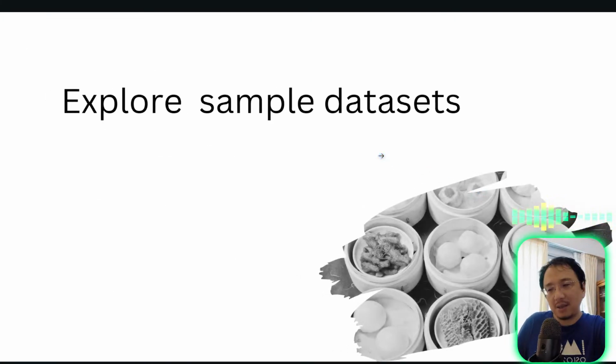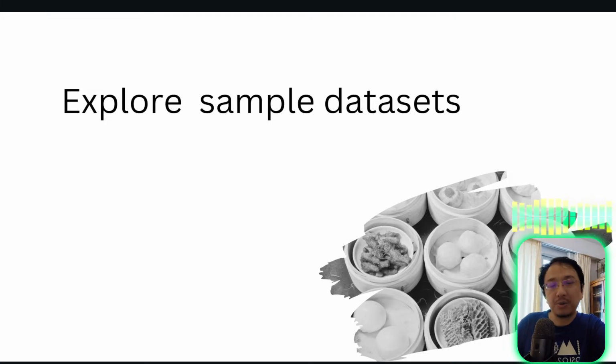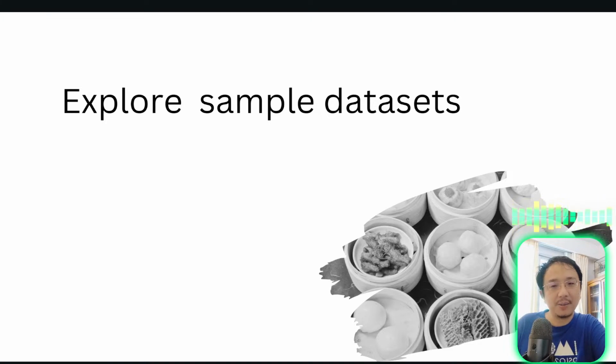Another thing is Scikit-learn has an ecosystem and functionalities built around this pattern. For example, we can easily use Scikit-learn to get some simple datasets that we can play around with and do some preliminary experiments.